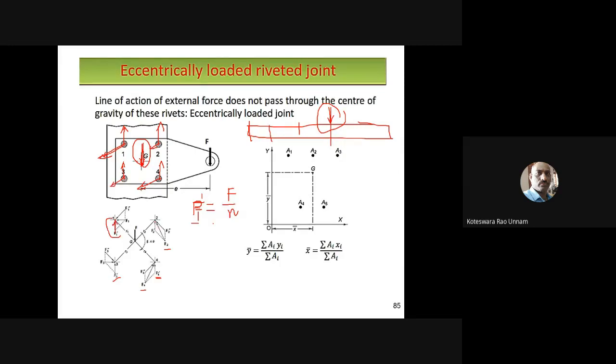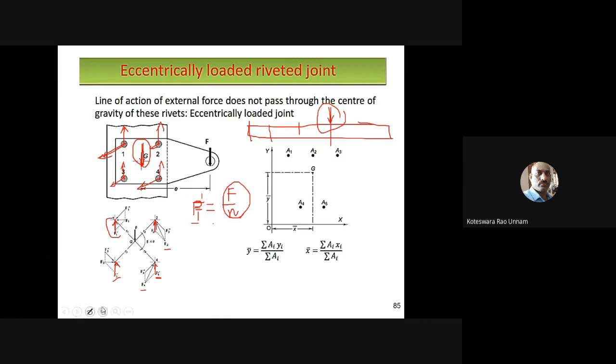So for each rivet, this is your F2 dash, here this is F4 dash, and this is your F3 dash. So because of this direct force, the force is divided by the number of rivets, and that much magnitude of force is applied on all the rivets in the direction opposite to the applied force. Okay, so I am able to identify the effect of this direct force.